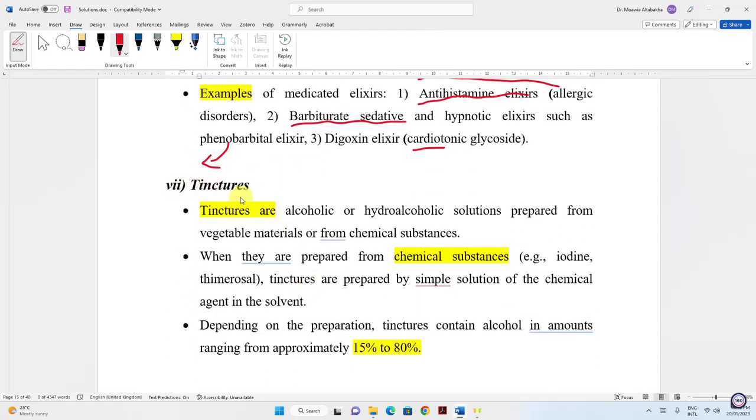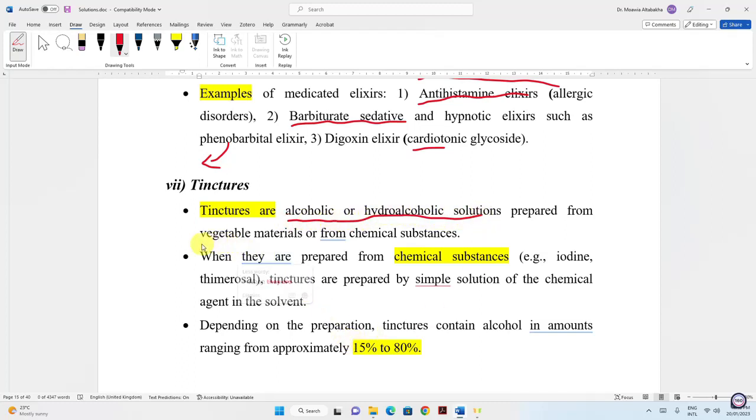Tinctures. Of course there are externally applied tinctures and internal ones, but what are tinctures? We are going to focus later on oral tinctures. Tinctures are alcoholic or hydroalcoholic solutions.